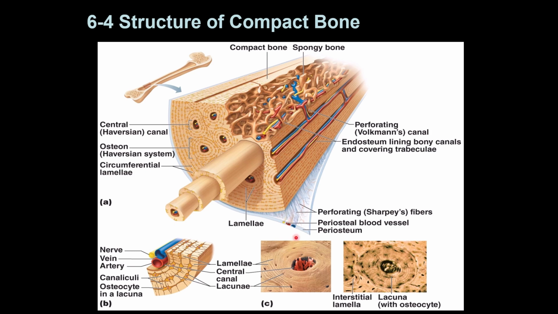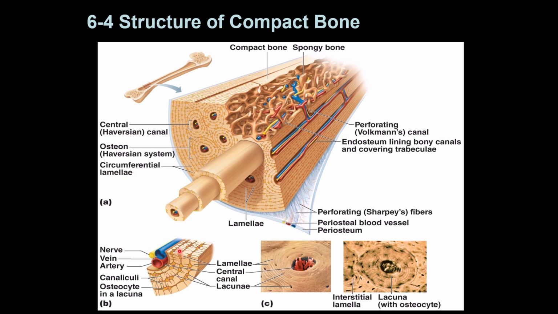Okay. This image, I start with this image. These are the osteocytes. These lines that you see, these are the canaliculi. So they are connected to each other. And this one that you see, this is one here, and this is another one. These are lamellae.